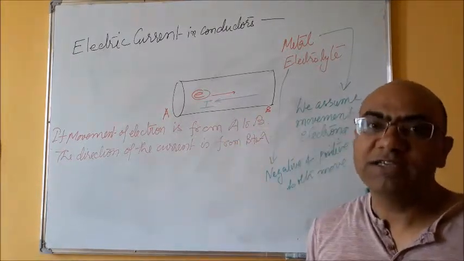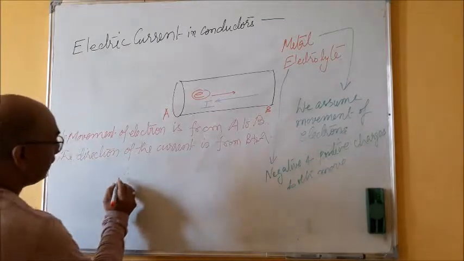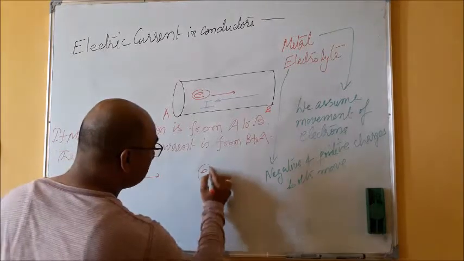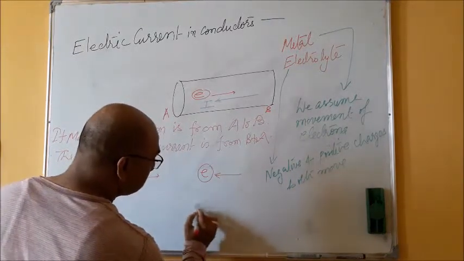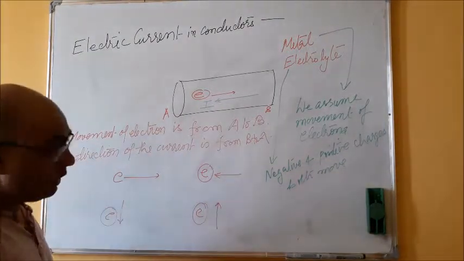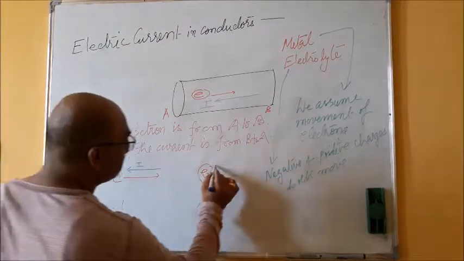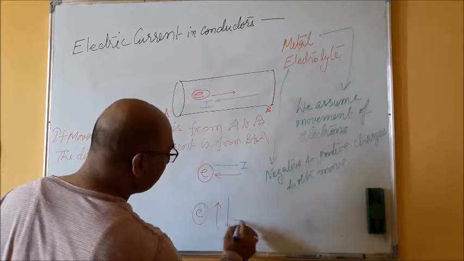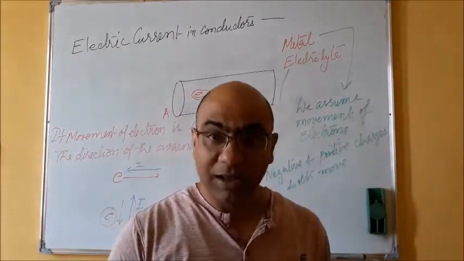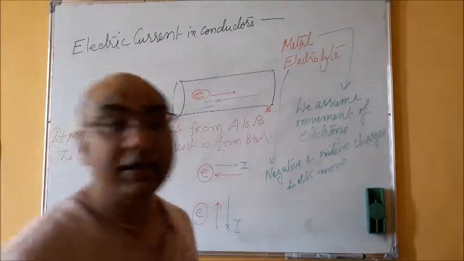So if electrons are moving like this, or like this, this is the direction of current here, this is the direction of current, and here. Okay, so always the direction of current is taken opposite to the direction of the electrons or negative charge, right?